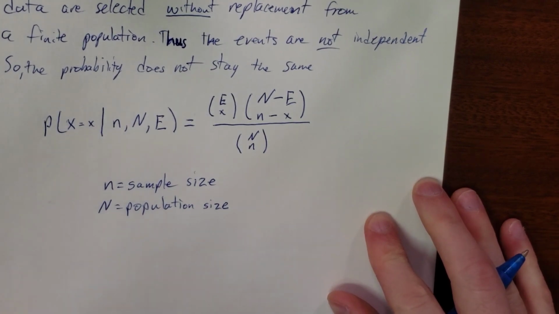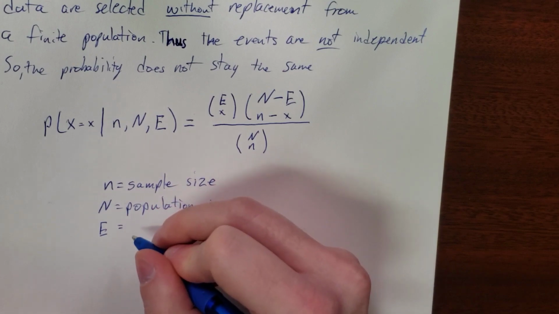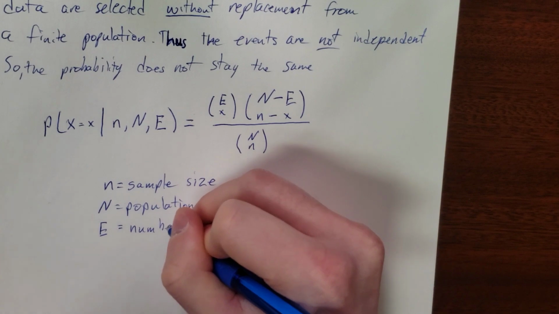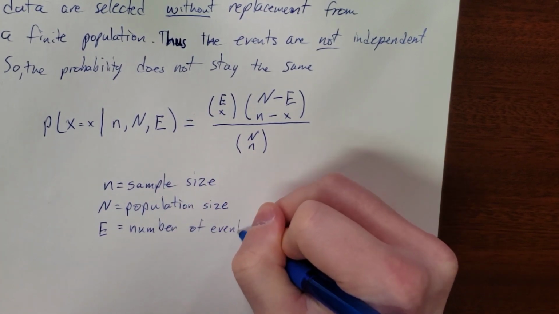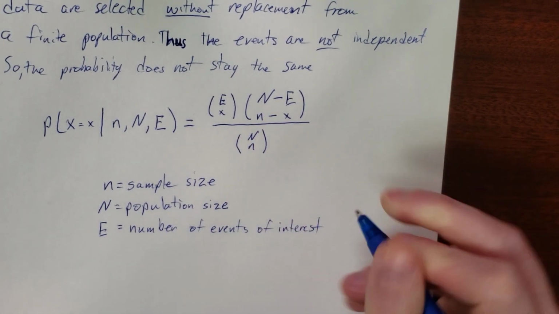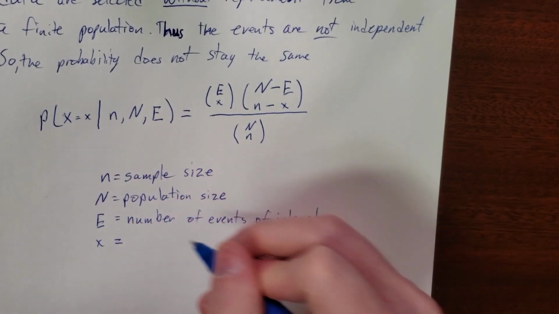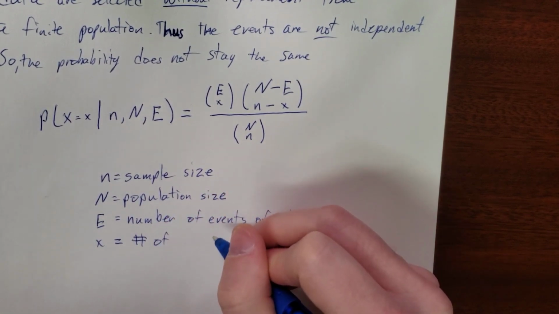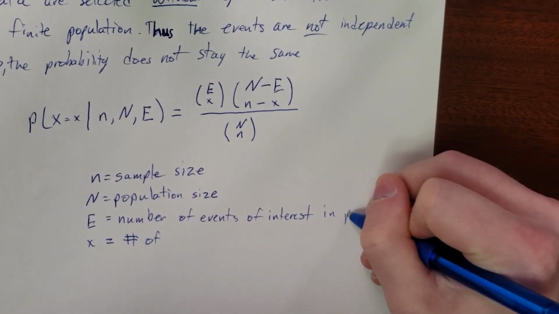Furthermore, capital E is the number of events of interest in the population.